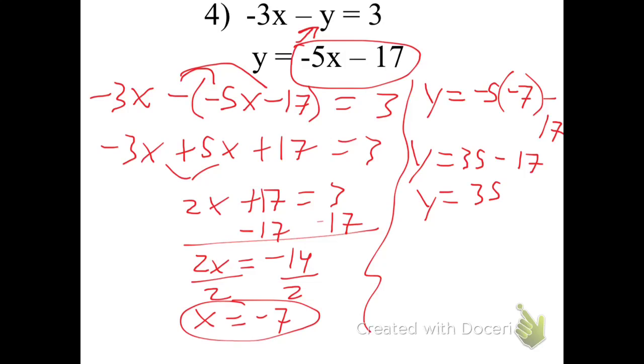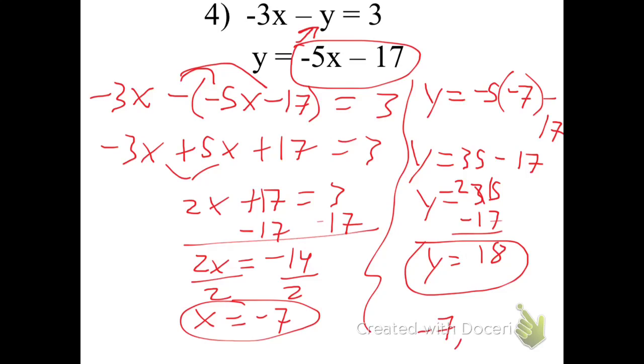I have to do this the long way because I don't know it off the top of my head. Borrow some numbers here. I'm going to get 8 and 18. Okay, so y is 18. Ta-da! So I got negative 7, 18 as the point. And we are done.